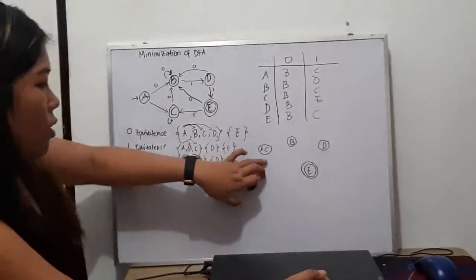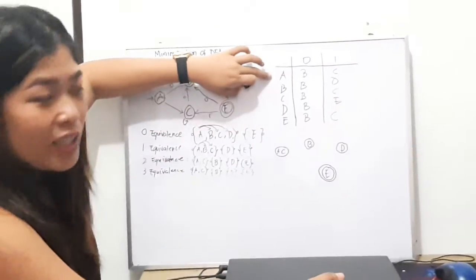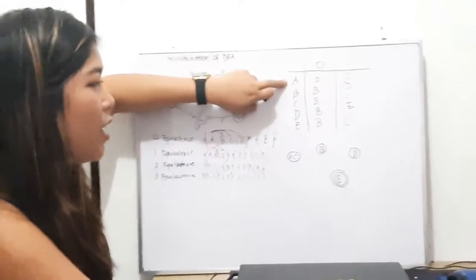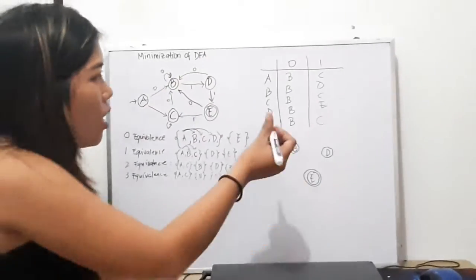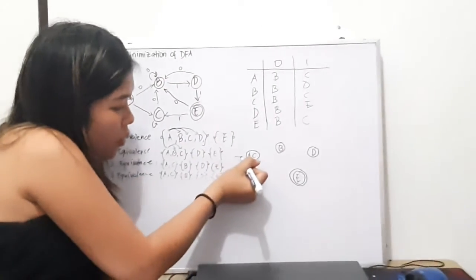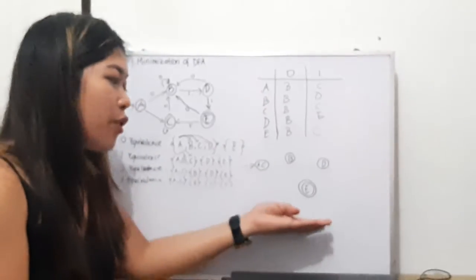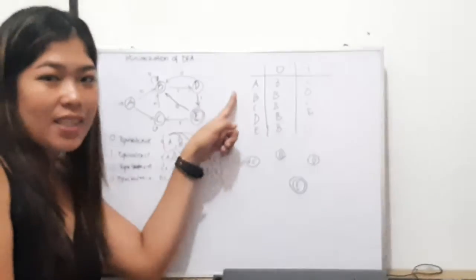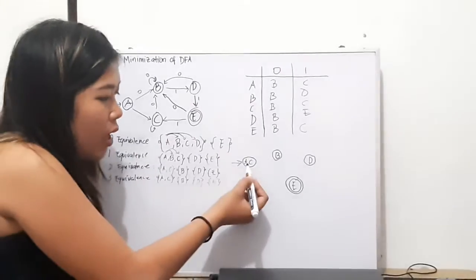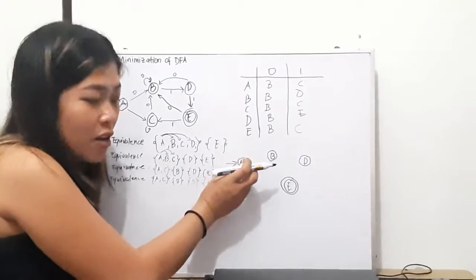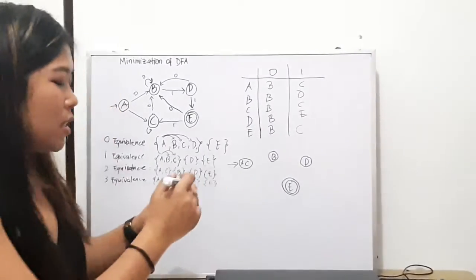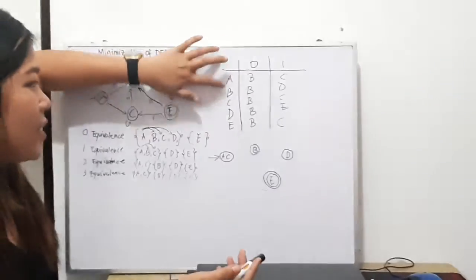A is the starting state here, a non-final state. So the next process for our DFA, A and C as non-final state. Let's locate here A and C.